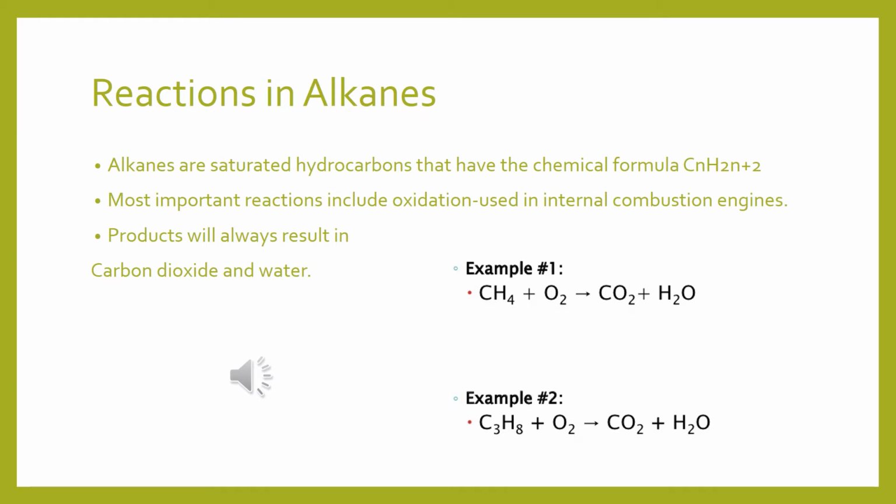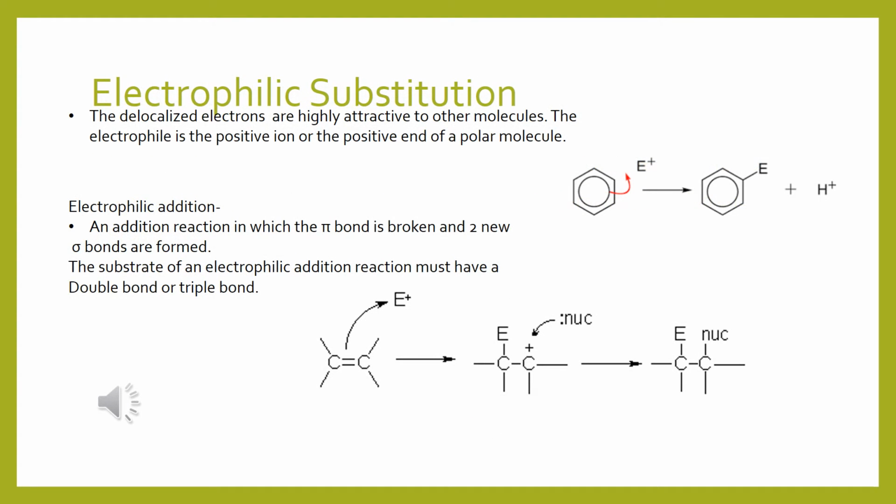Reactions in alkanes. Alkanes are saturated hydrocarbons that have the chemical formula CnH2n+2. Most important reactions include oxidation, which is used in internal combustion engines, and the products will always result in carbon dioxide and water. Electrophilic addition.